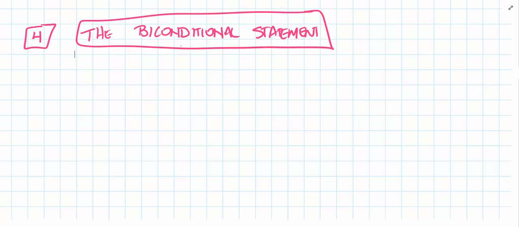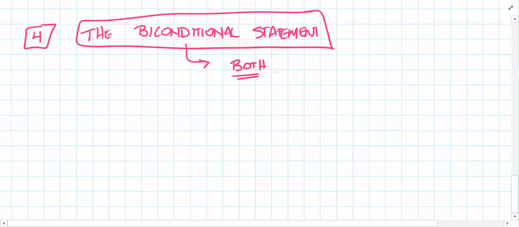When you have a biconditional statement, that means that both the statement and its converse are true. That's when both the statement and the converse are true. So what we have to do is say this.